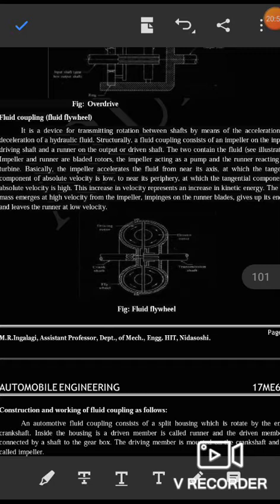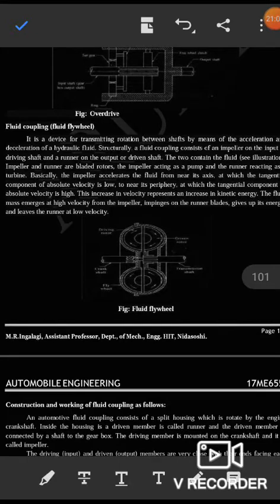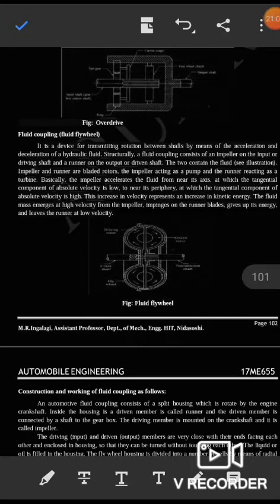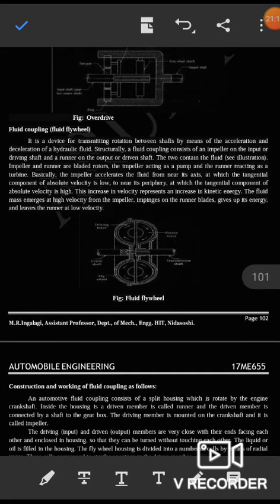Structurally, a fluid coupling consists of an impeller on the input or driving shaft, and a runner on the output driven shaft. The two contain the fluid. Impeller and runner are bladed rotors. The impeller acts as a pump and the runner acts as a turbine.